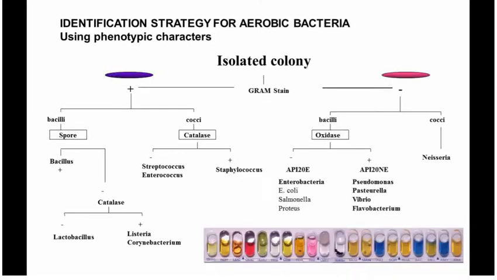So you have to remember that this is what you call an identification key. It gives you a number of very simple tests to perform, and gives you an idea of what the bacterium might be. But it's not phylogenetic classification, all right?